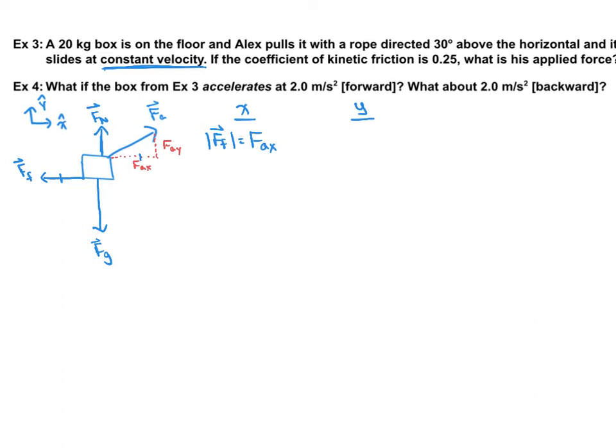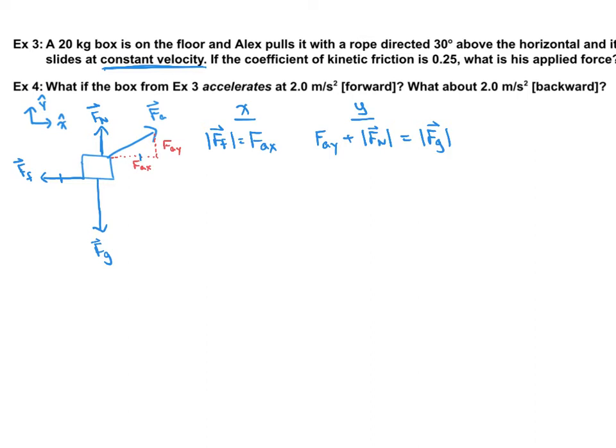So I'll say that my y component of applied plus my magnitude of normal force, those are both pointing up. You add them together, and that's got to equal or balance out the magnitude of gravity, which is the only force pointing down. So these two would be my starting equations.